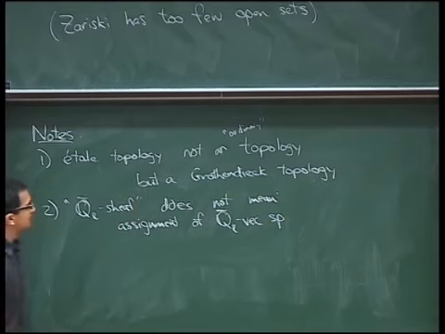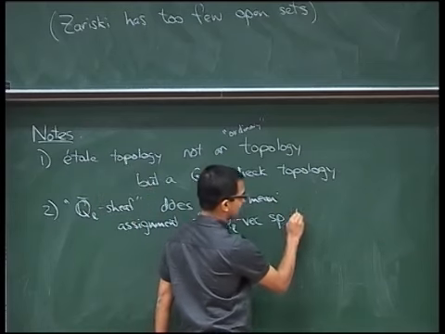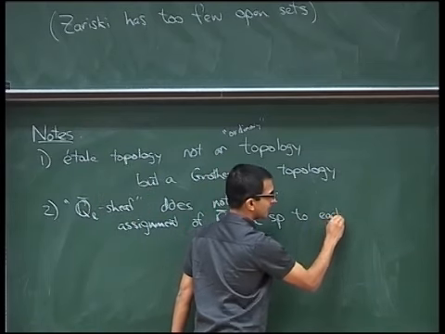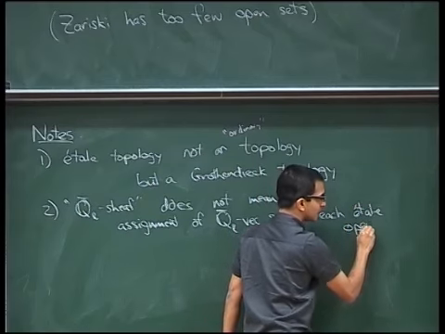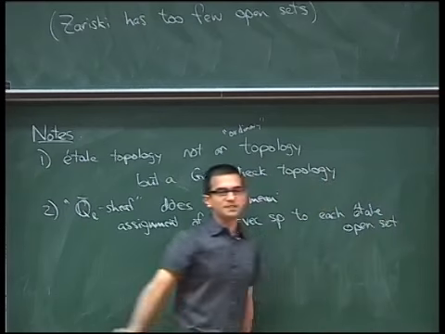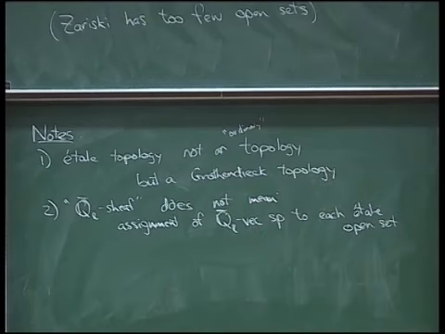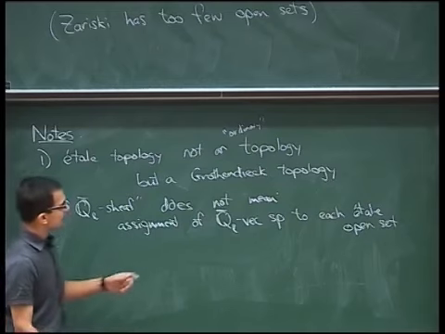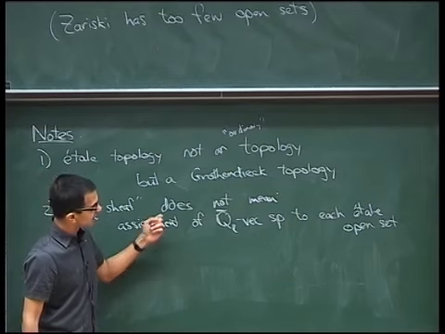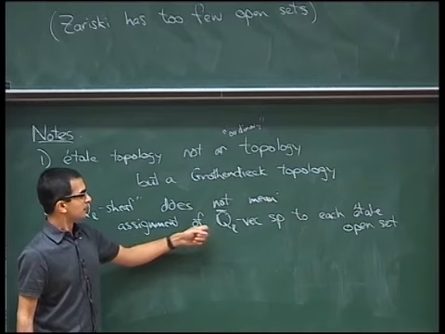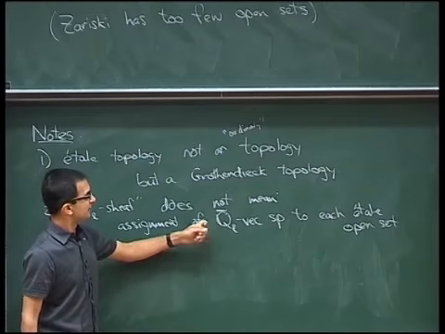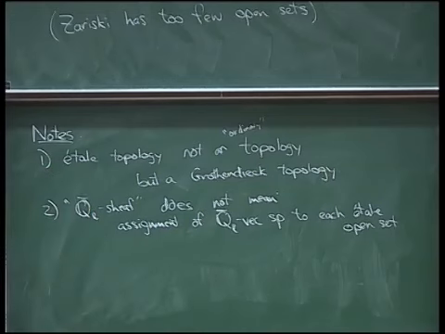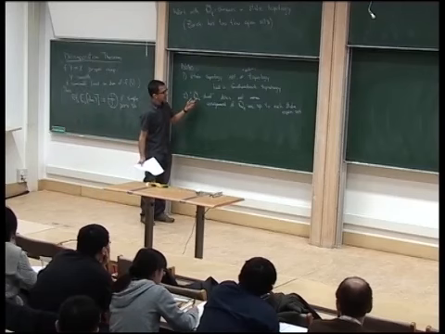So a Q_l-bar sheaf does not mean assignment of a Q_l-bar vector space to each étale open set. It's something much more complicated. It's an inverse system of sheaves where in each term in the inverse system you're assigning modules over Z mod l^n or something like that. So these are the finite groups whose inverse limit is exactly Z_l.